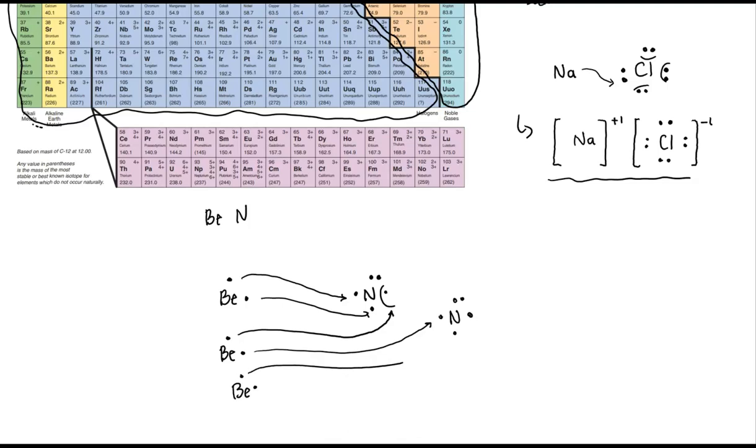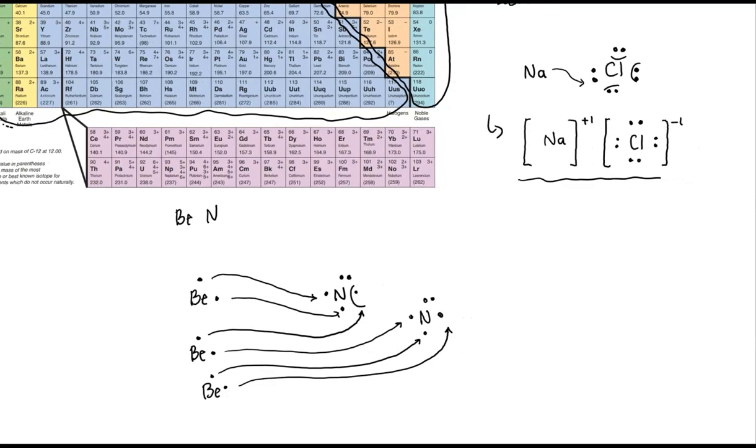It can give away its electrons to nitrogen, and now we should be happy. Now it should be content. All the beryllium electrons have been given away. So we have 3 beryllium atoms, and all their electrons have been given away to the 2 nitrogens.